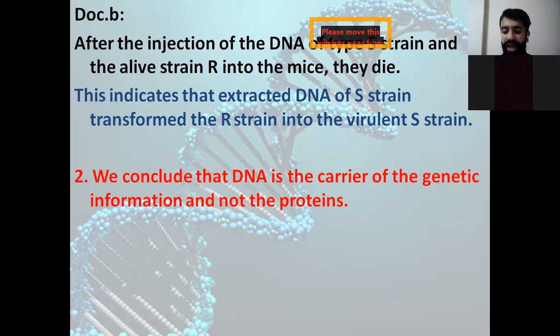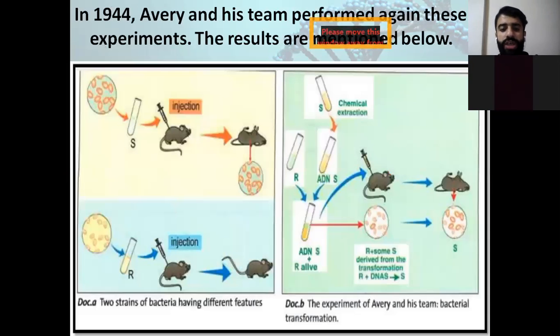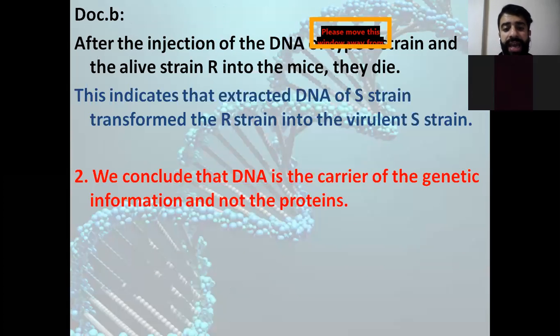So the DNA of the smooth type transformed the R into S, the fatal type, and this will cause the death of the mice. So what can we conclude? That the DNA is the carrier of the genetic information and not the protein, which in this case is the live R strain.